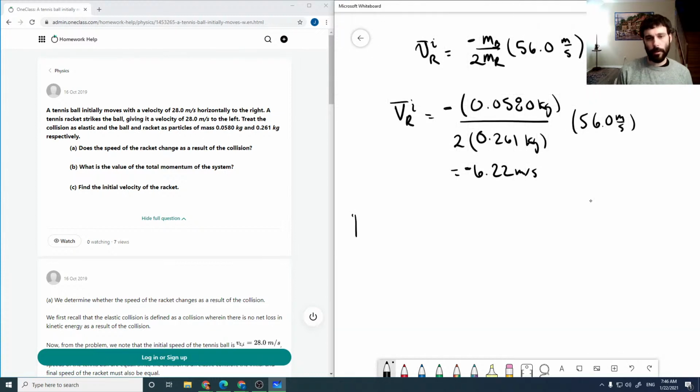And so then the total momentum is just one of the two, either initial or final. So we can use the initial. So it'll be mass of ball, v ball initial, plus mass of racket, v racket initial. I'll put these where I had them before.